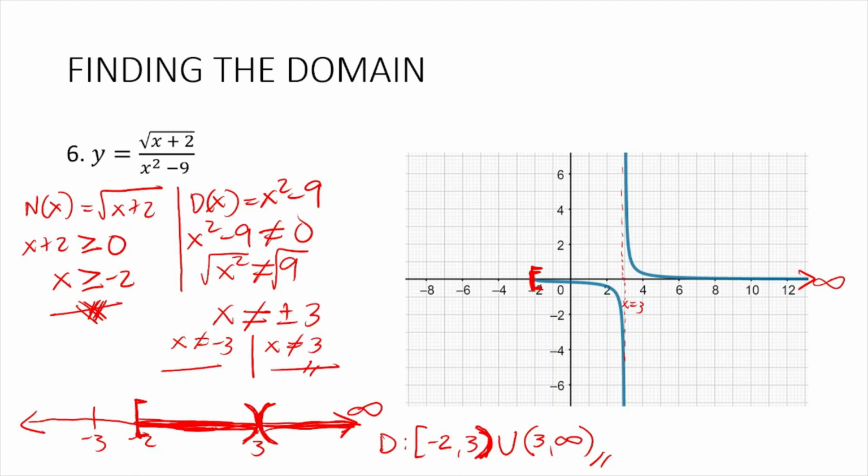Then lastly, number 7, we have y equals 1 over square root of x plus 1. So we have another combination of rational and radical functions. Let's first focus on the radicand, which in this case is x plus 1.